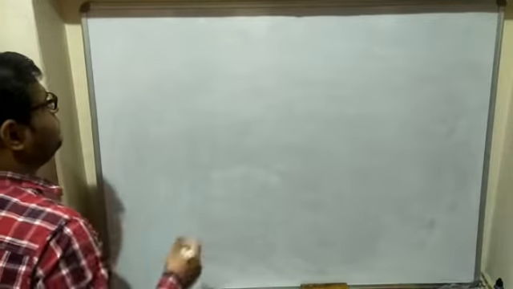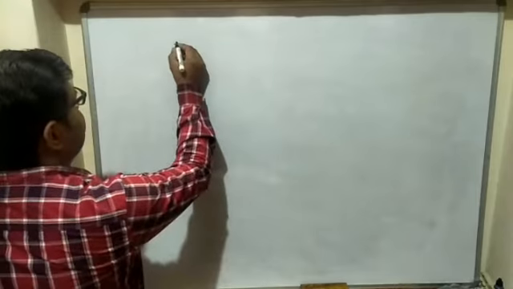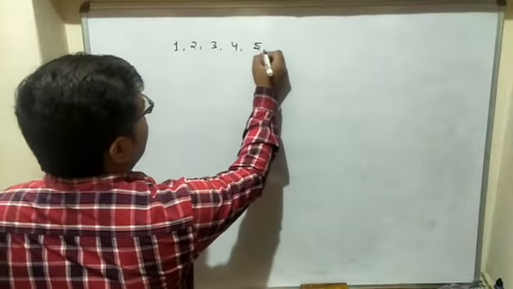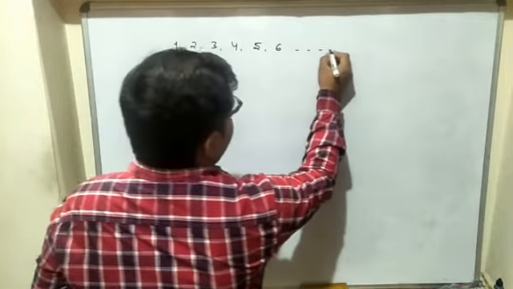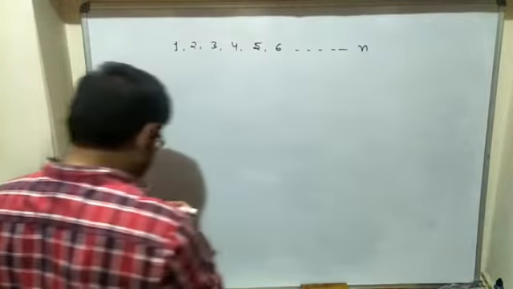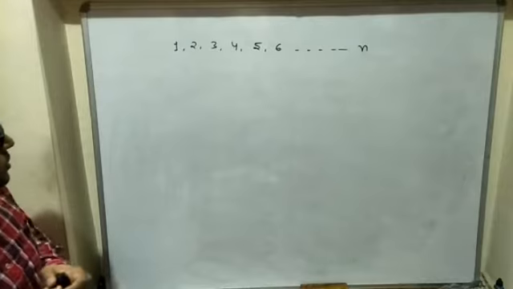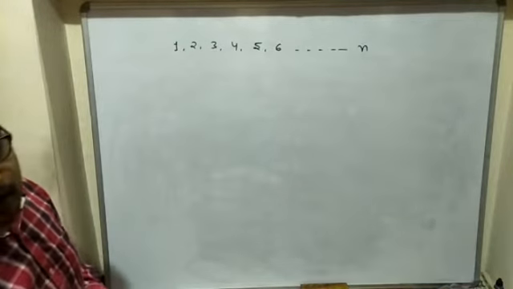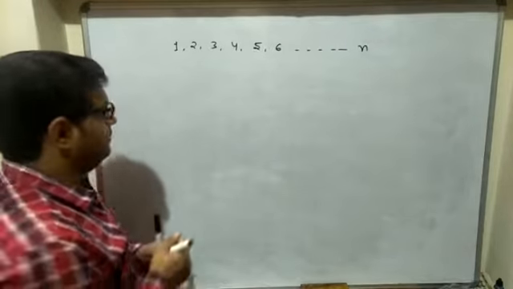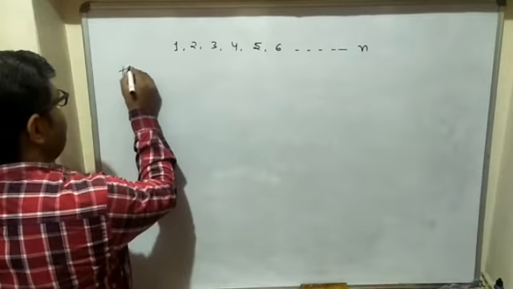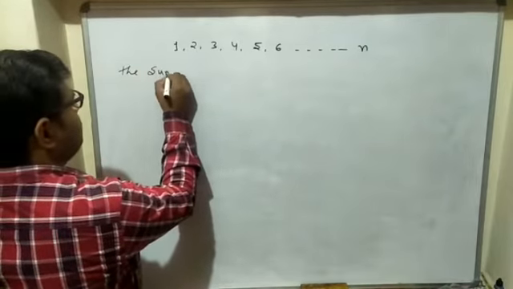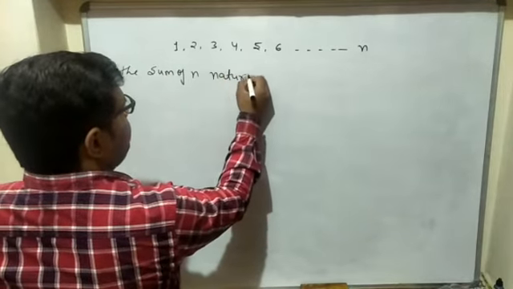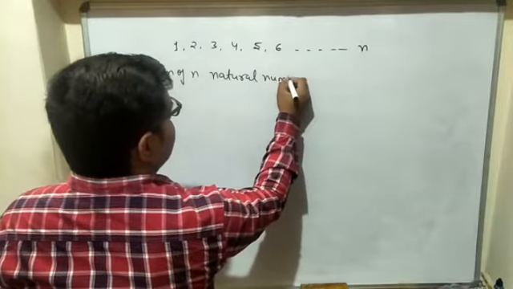Suppose we write down 1 2 3 4 5 6 and so on up to n, and all of you know these are all natural numbers, and we want to find out the sum of n natural numbers.